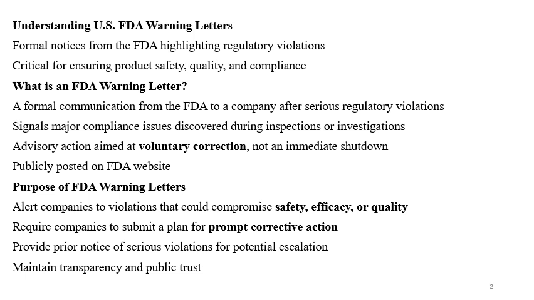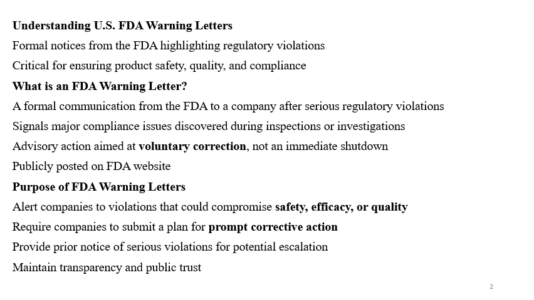What is the purpose of the FDA warning letters? As it is a communication from the FDA, it is an alert from the FDA. It alerts companies to violations that may compromise the safety, efficacy, or quality of the pharmaceuticals. It requires companies to submit a plan for the prompt corrective action.